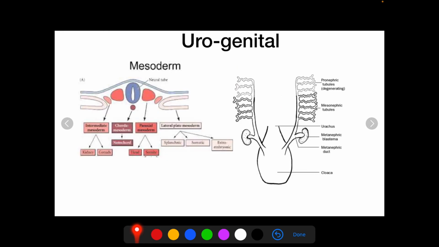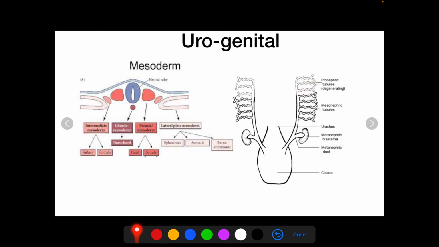Regarding the urogenital area, it all originates from the intermediate mesoderm. At the beginning, regarding the nephron, there will be three stages. First, the pronephros forms from the beginning to the third week.